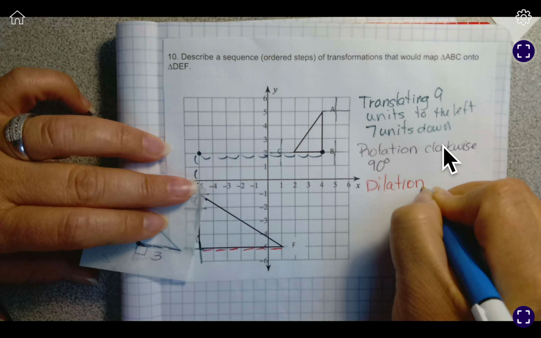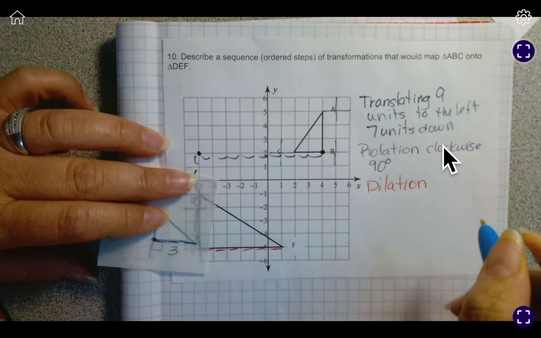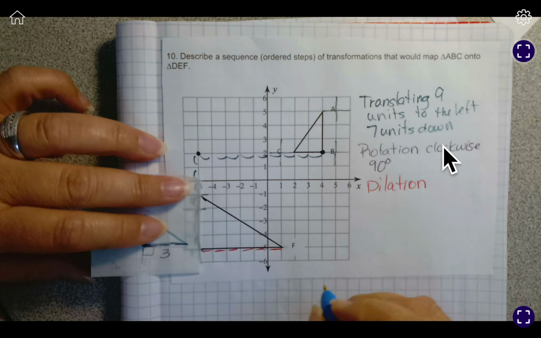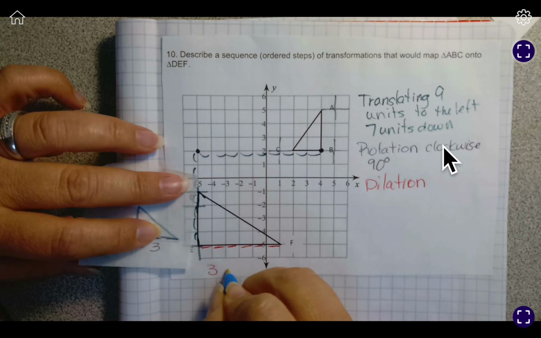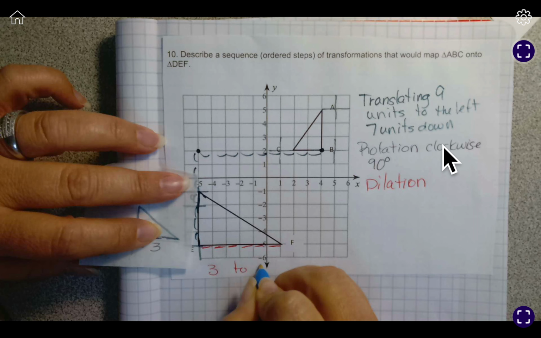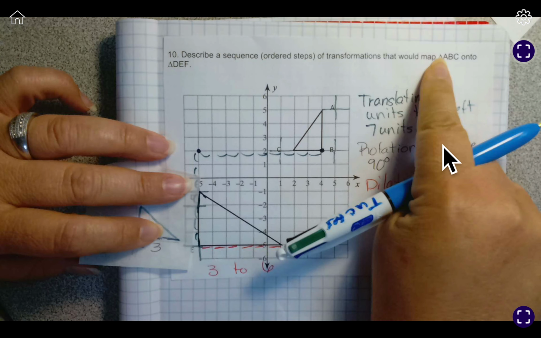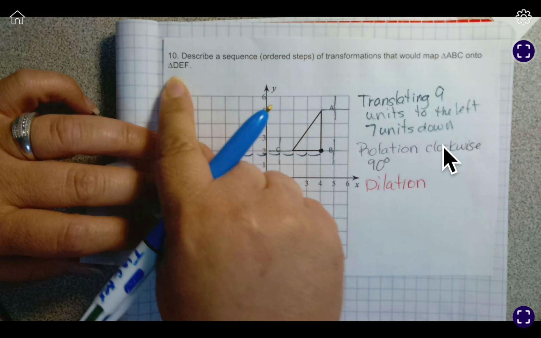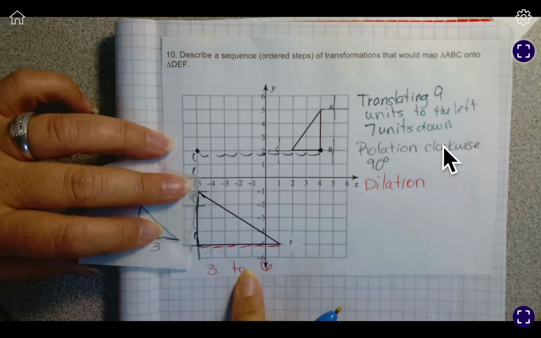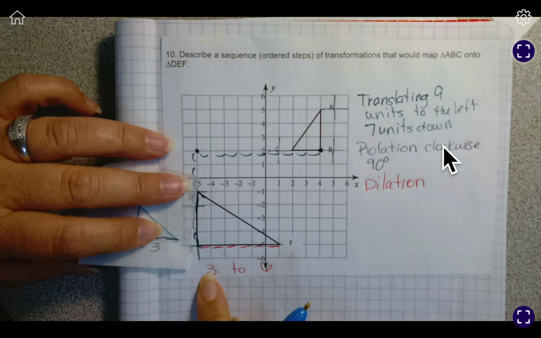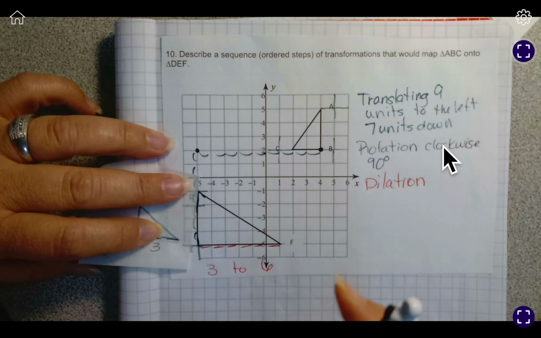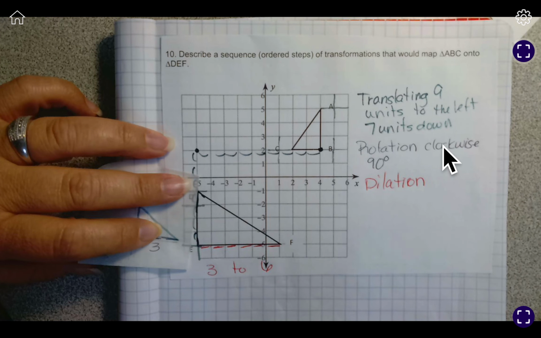And we're going from 3 to 6, because remember, we're going from the small triangle to the big one. So from 3 to 6, and dilations are multiplication. So what do I multiply 3 with to get 6? Multiply it times 2.